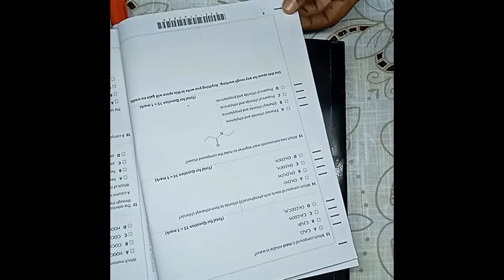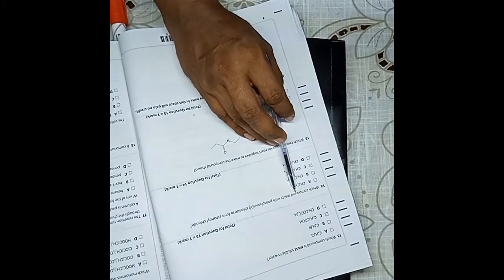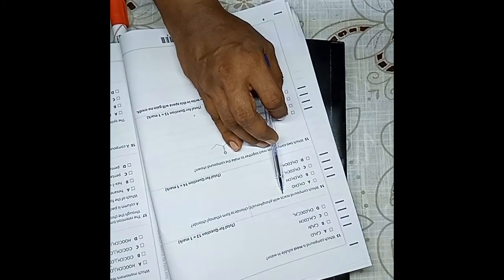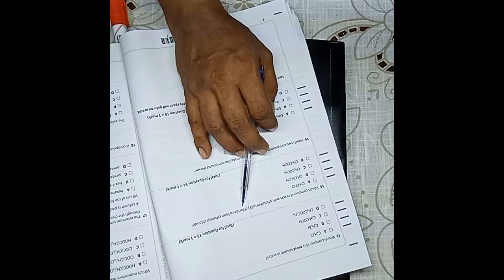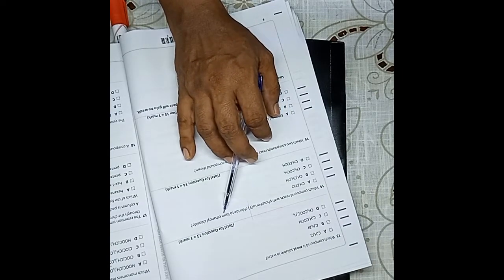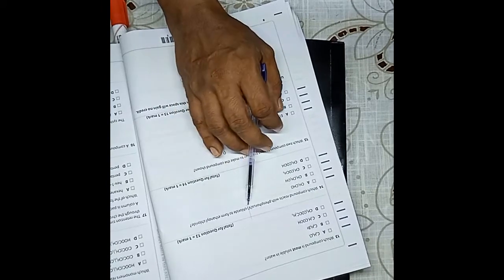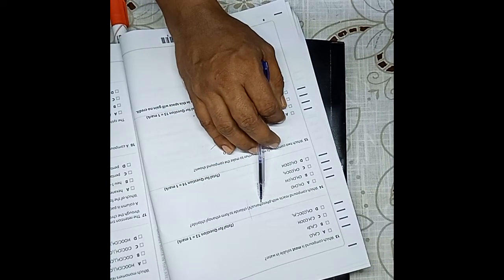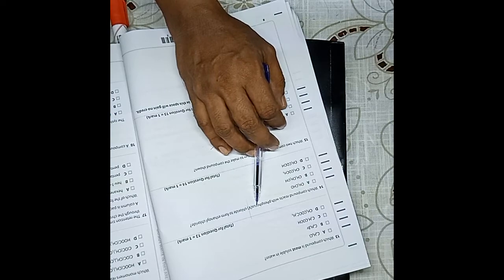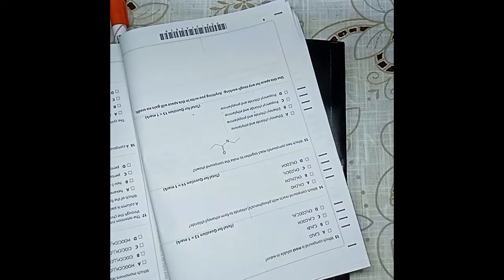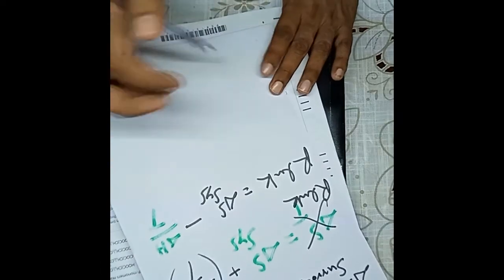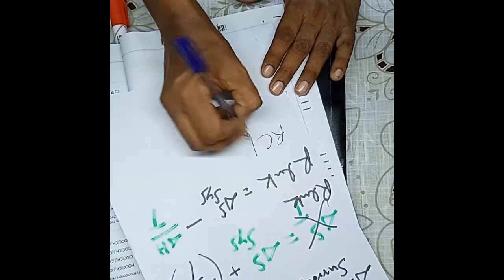Then question number 14. Which compound reacts with PCl5, that is phosphorus pentachloride, to form ethanoyl chloride? Now you know within the syllabus that PCl5 reacts with both alcohols and carboxylic acids. If it reacts with an alcohol, ROH changes into RCl.